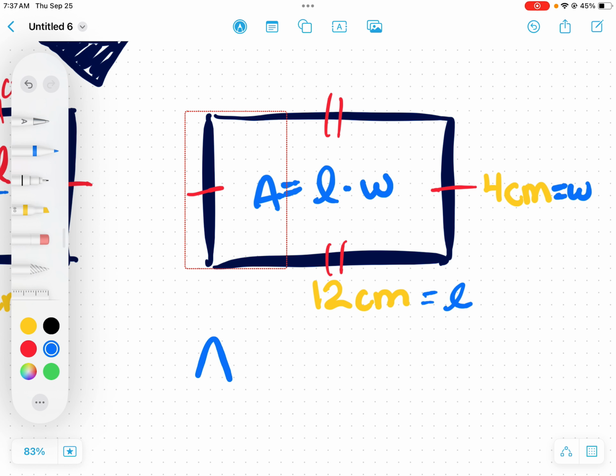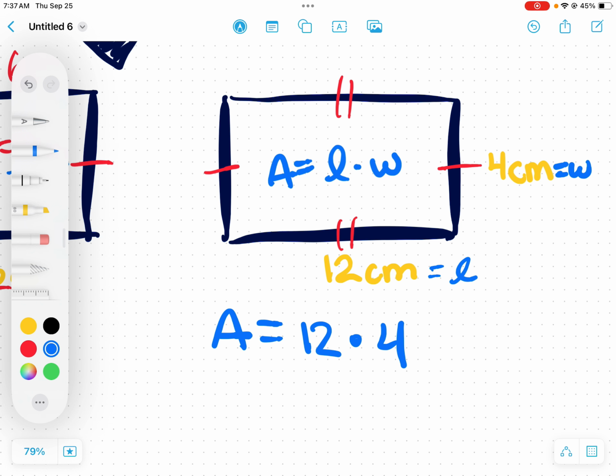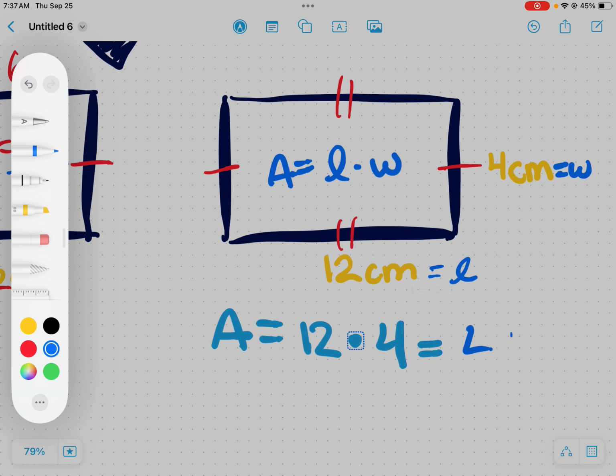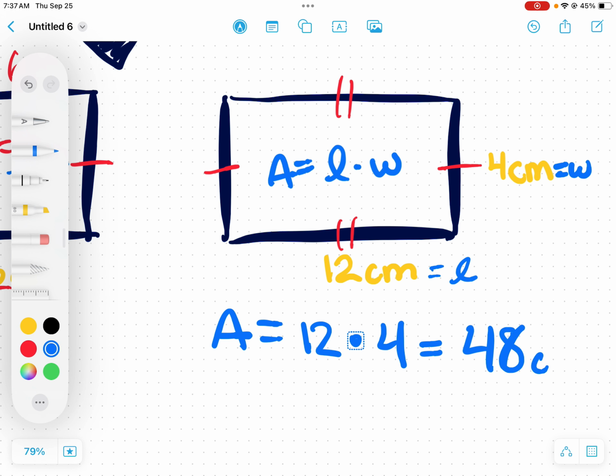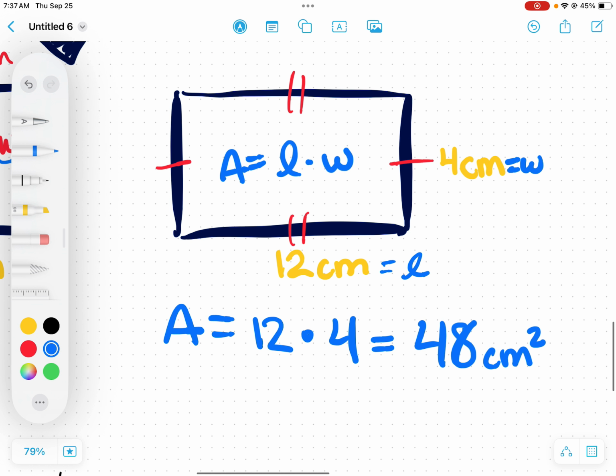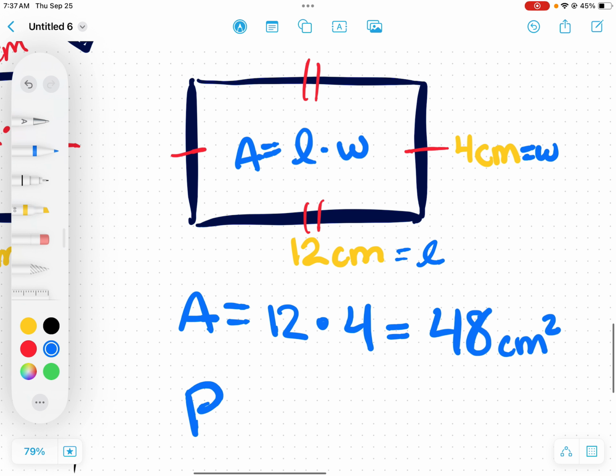So if I'm finding the area of this rectangle, I'm going to do 12 times 4, and 12 times 4 equals 48. And then we're going to go ahead and write our units with that little 2, and bam, there is our area. Now we're going to find the perimeter.